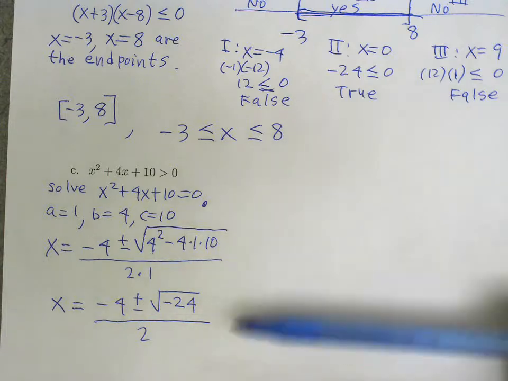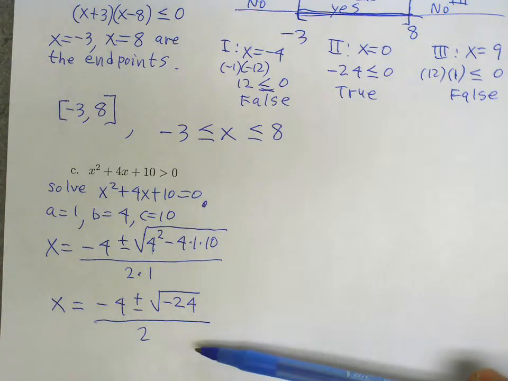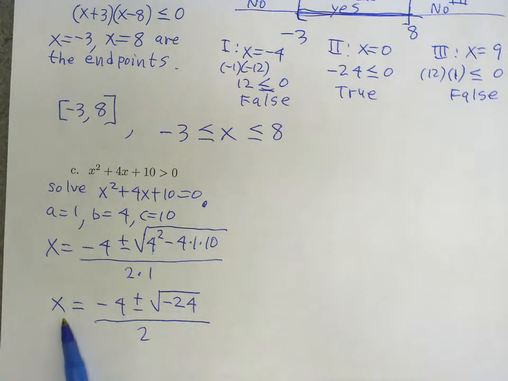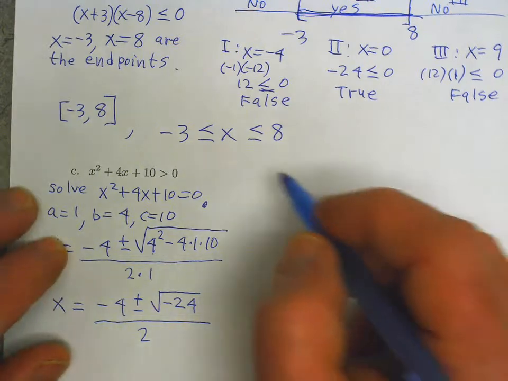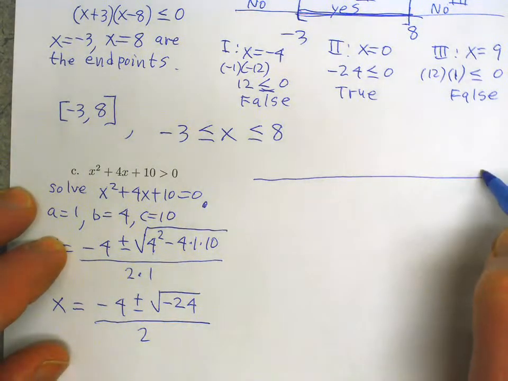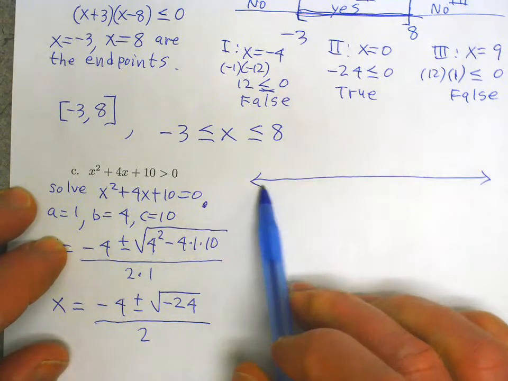We don't need to proceed any further because the solutions to that equation are non-real numbers. So that means there aren't any real numbers to divide the real number line into separate intervals. So there's only one interval to test.